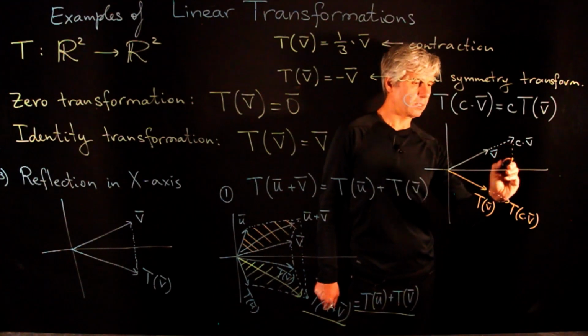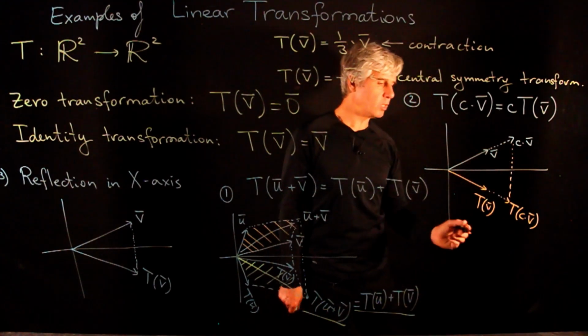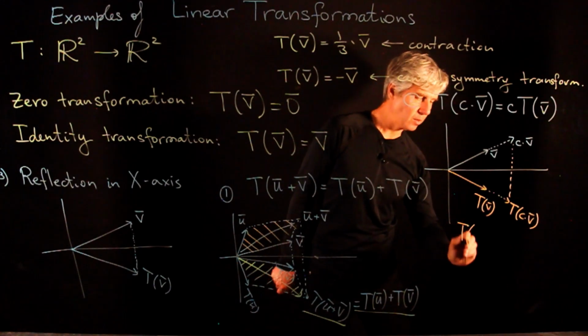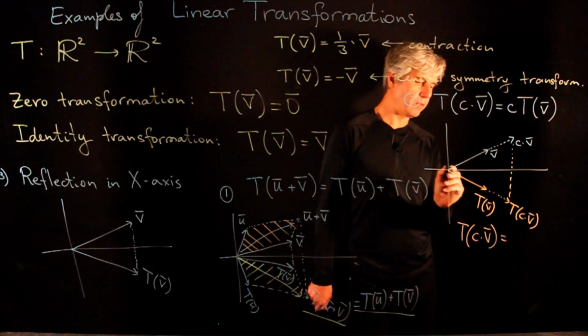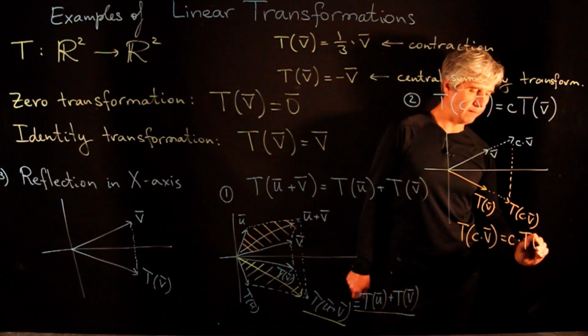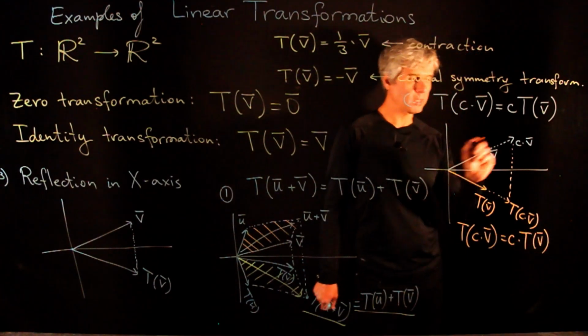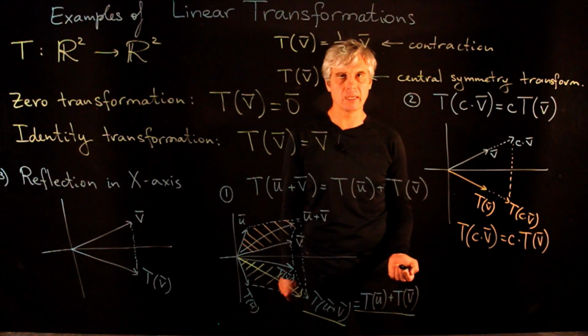These are mirror reflections. What we see from this picture is that T of c times v is the vector T of v rescaled, so it's equal to c times T of v. From the geometric properties, we see that this transformation is linear.